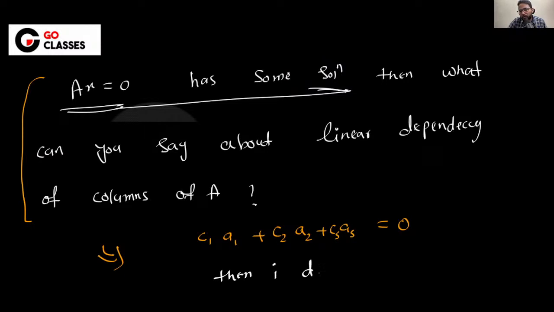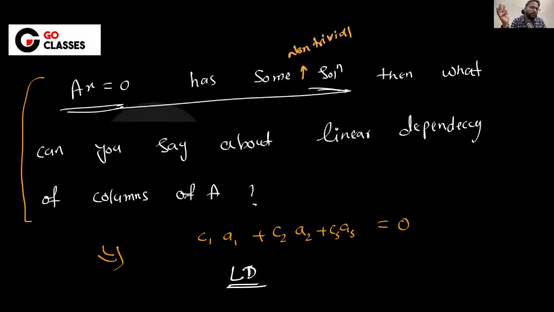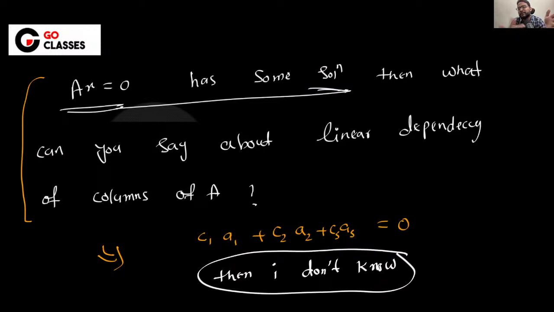If they are saying there is some non-trivial solution, then it makes sense. If they are saying there is some solution, it could be trivial too. Then it is not very good reasoning, I mean a very good statement basically. This statement is not bringing me any information. They are saying there is some solution, but I also know there is some solution. x equal to 0 is a solution anyway.